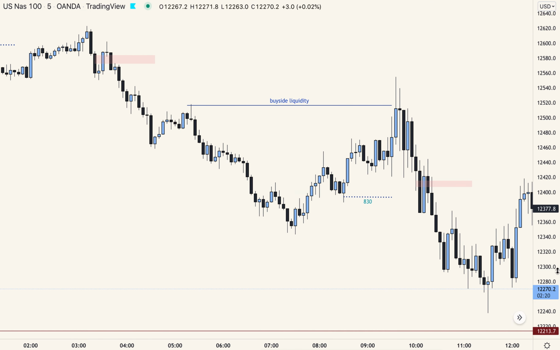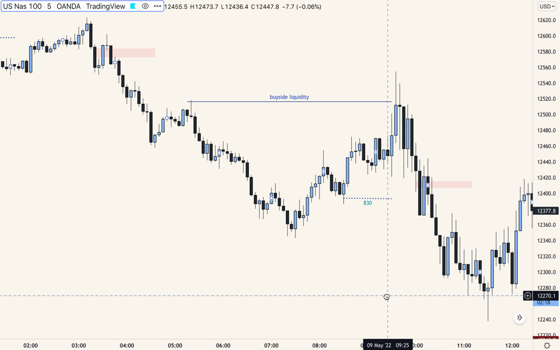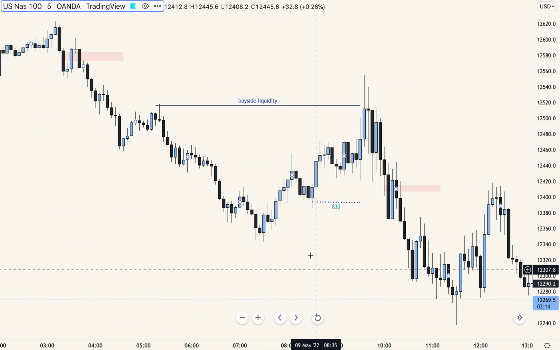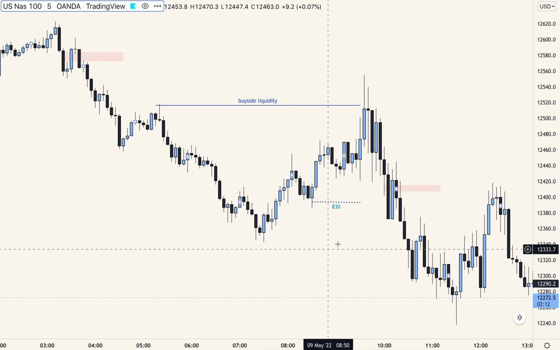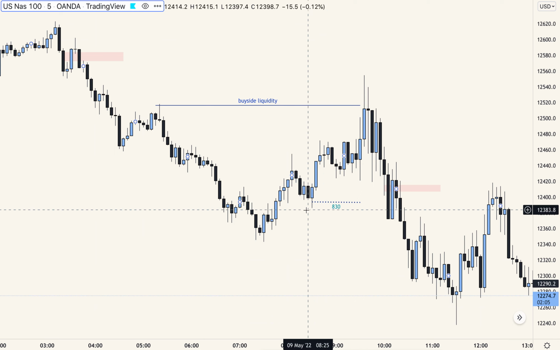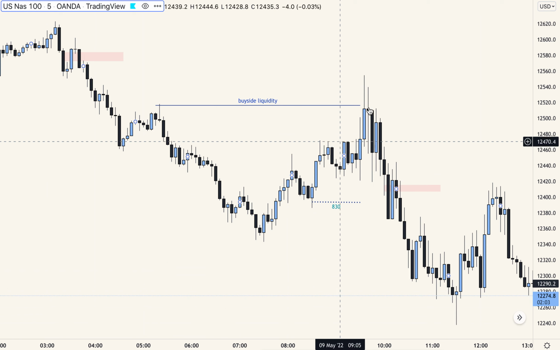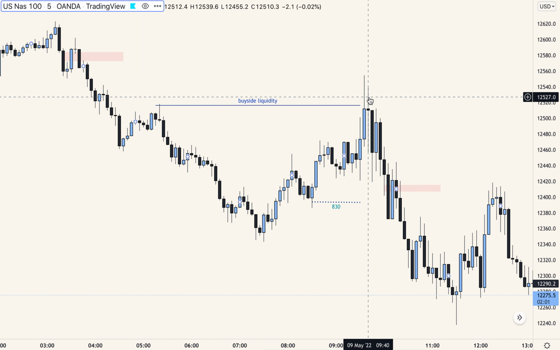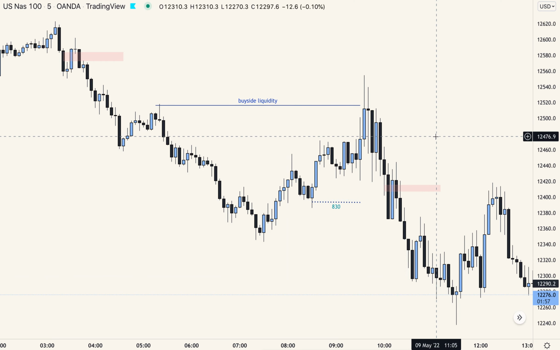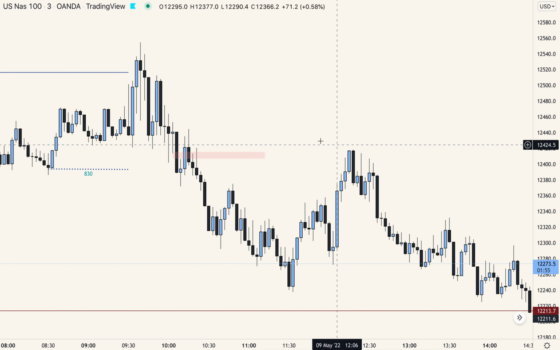Now, if you were up for New York, which is what I trade, or the time that I look at in the market, like I said, we had the 8:30 open. Price traded up above this swing high, took it out, and then traded down, breaking structure. But we need to look at the 3-minute for this.